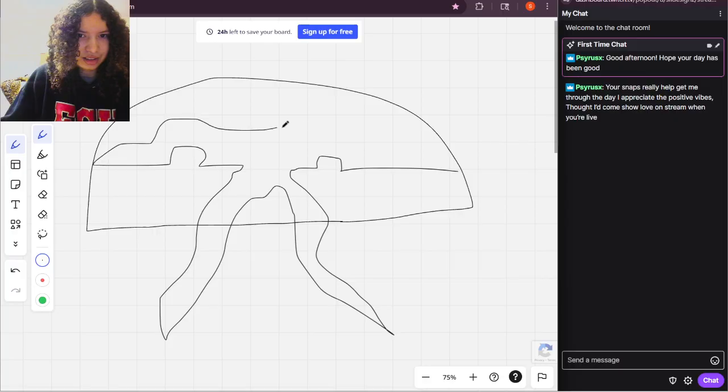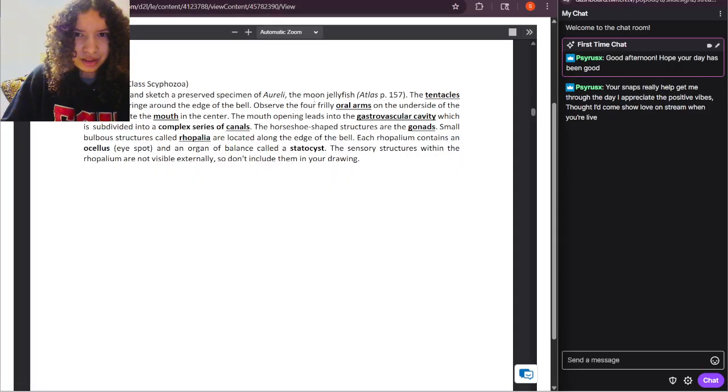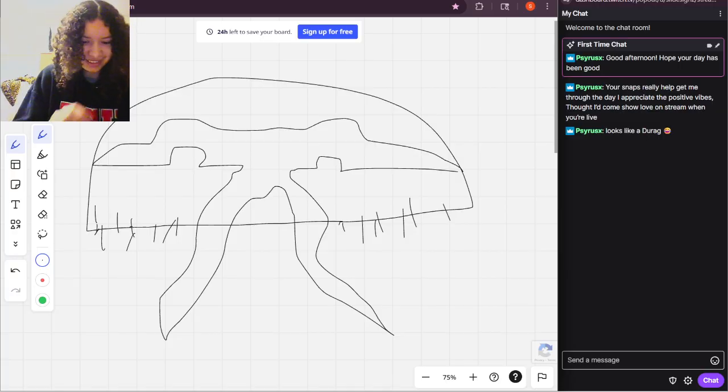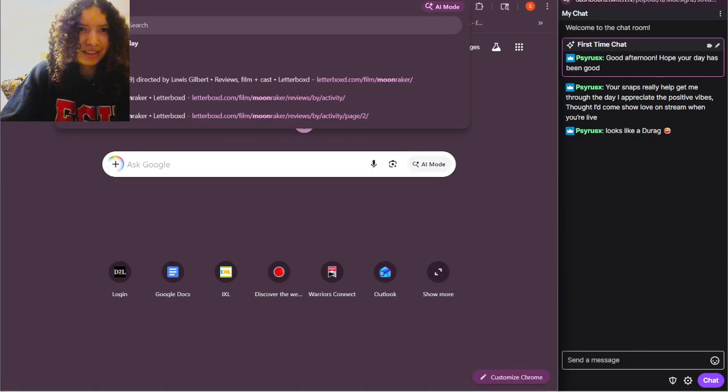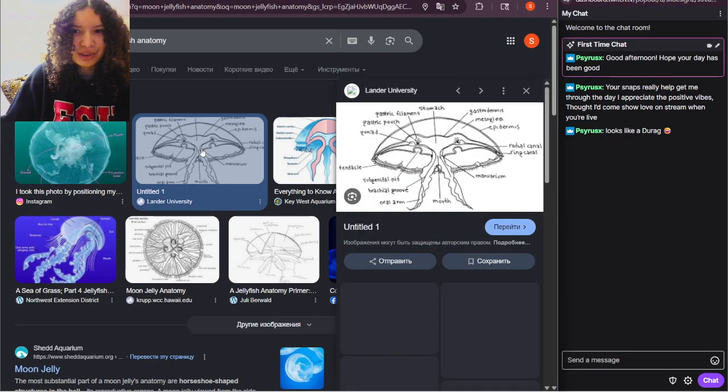Okay. And then it has all these little hairs or whatever over here. Now what do we have to label? Oral arms. Kind of does. Yeah, it's supposed to be a moon jellyfish. I'm just super bad at drawing. Just trying to draw this.